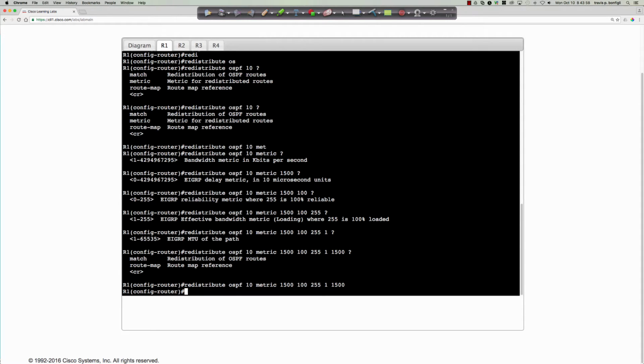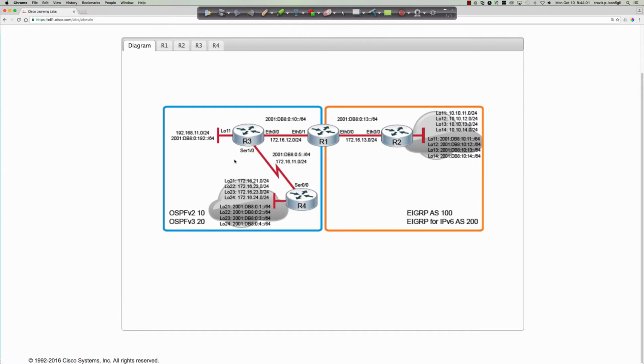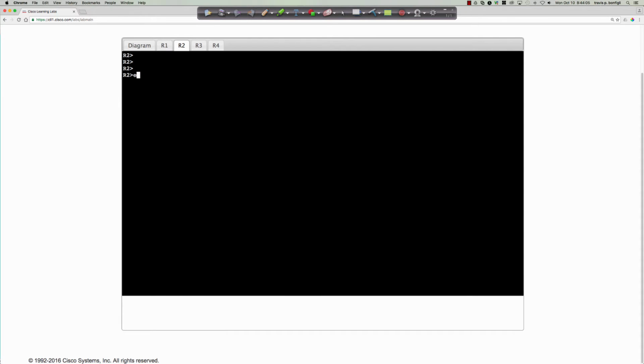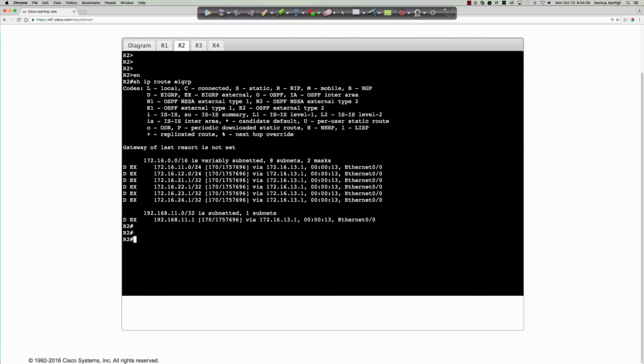So we just redistributed from OSPF into EIGRP. So let's come over to router 2. Let's get into privilege exec and say show ip route eigrp. Well, take a look at all of the 172.16 information that we now have here as D EX routes.